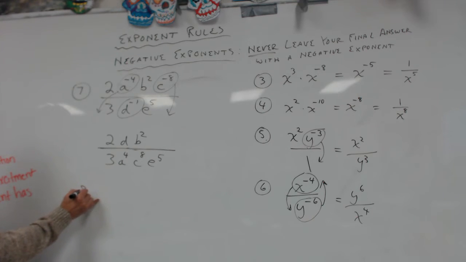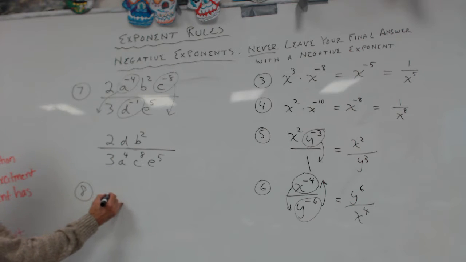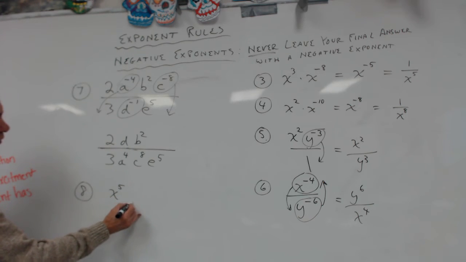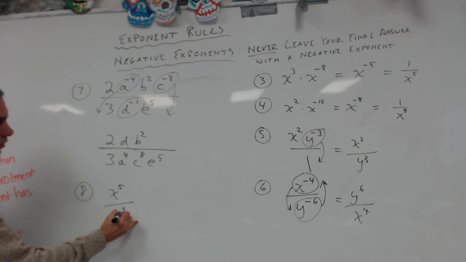All right, 8. Last one. What if I gave you this? X to the 5th over x to the 9th. Remarkable thing. How would I simplify that?